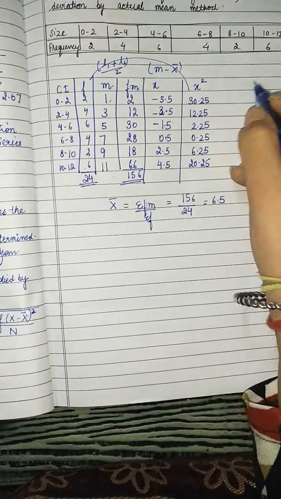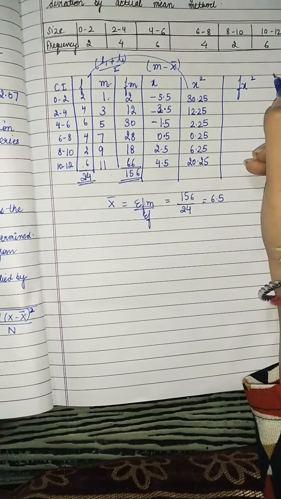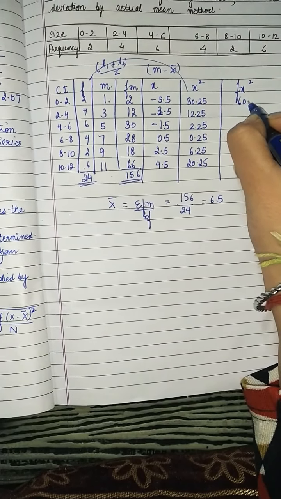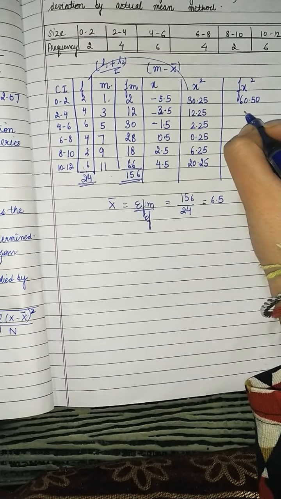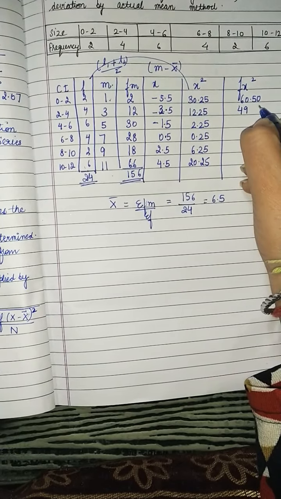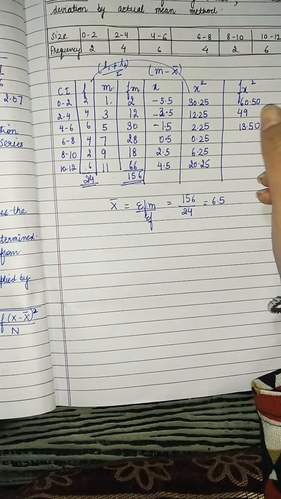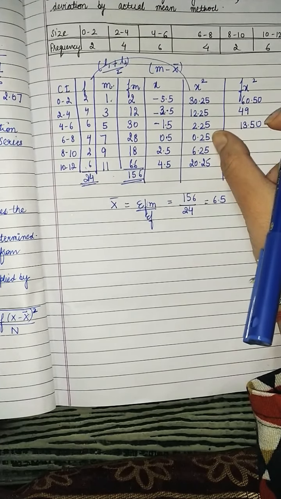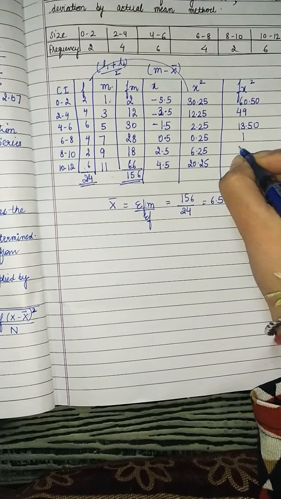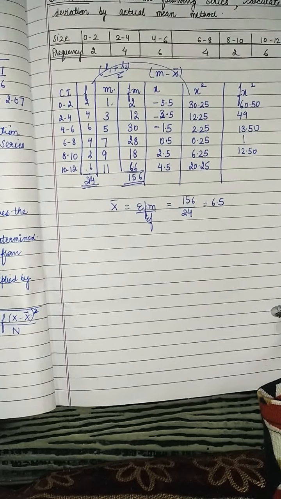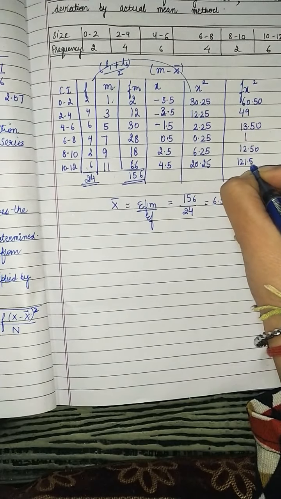Multiply it with f to get fx square. 2 multiplied by 30.25 is 60.50. 12.25 multiplied by 4 is 49. 2.25 multiplied by 6 is 13.50. 0.25 multiplied by 4 is 1. 6.25 multiplied by 2 is 12.50. 20.25 multiplied by 6 is 121.50.